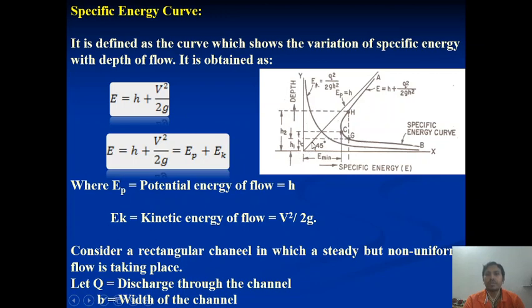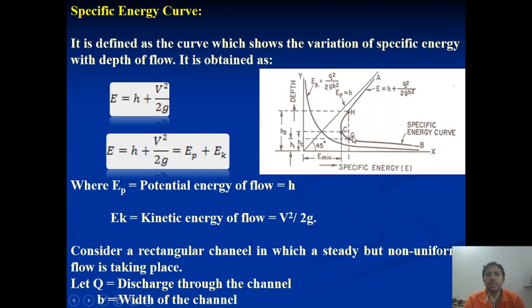First, we always plot the line that makes an angle of 45 degrees with the horizontal. We call this line the EP line, and after that we plot the specific energy curve in the form of a parabola inside this line, which consists of two heads.